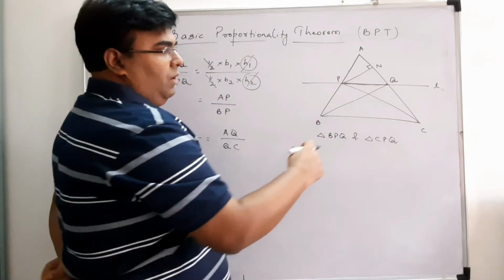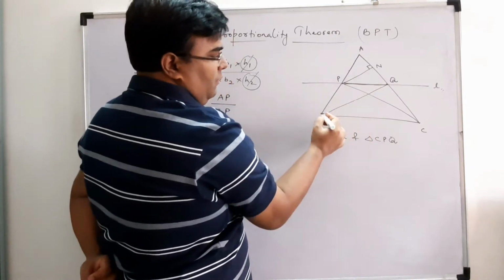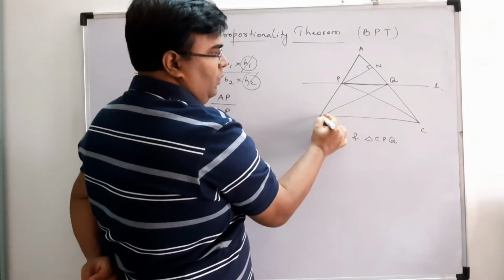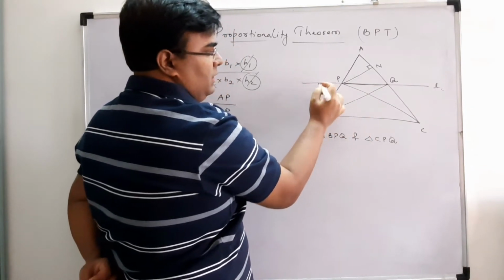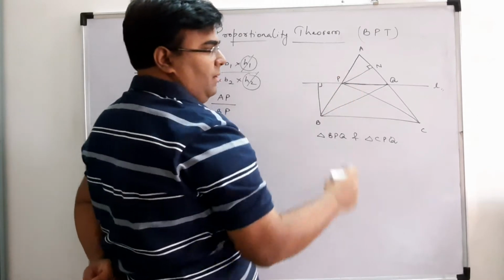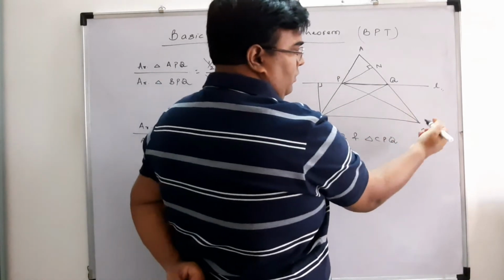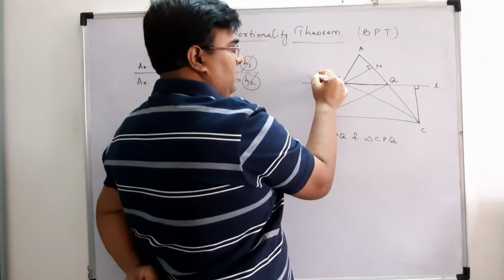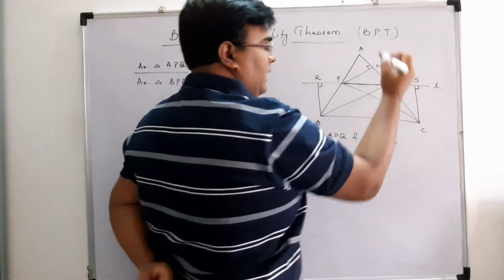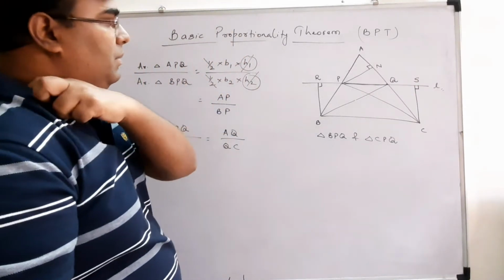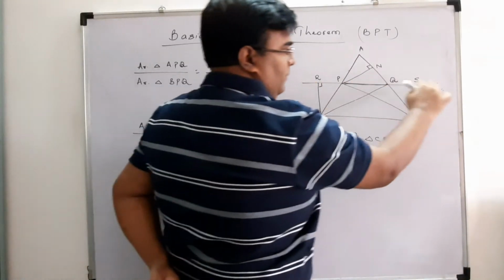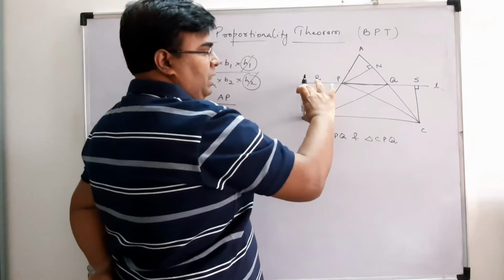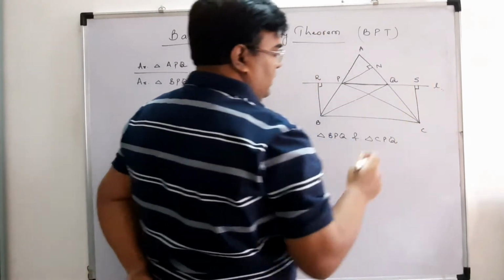And if I draw the height, it will be from this point perpendicular to this line. This is my height for this triangle. Similarly for CPQ, my height will be this. Let us say BR and CS, okay? But these two lines are parallel, so we can say that BR is equal to CS.